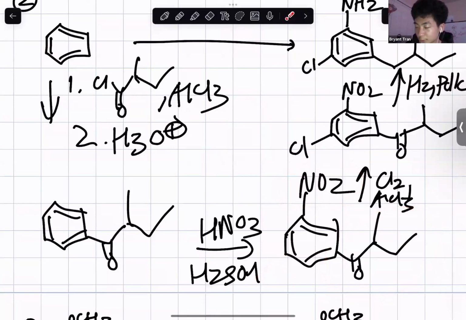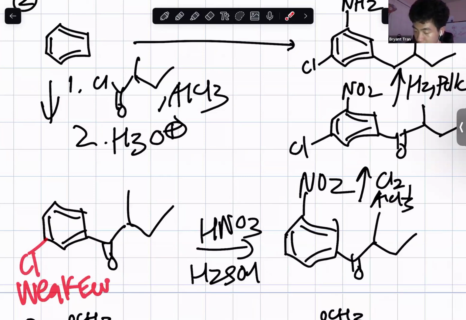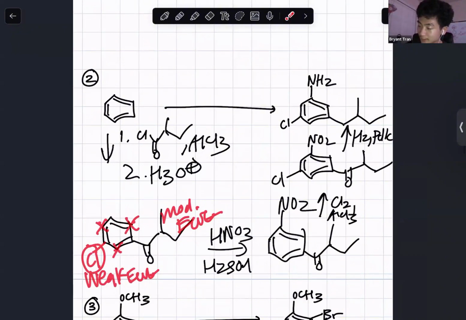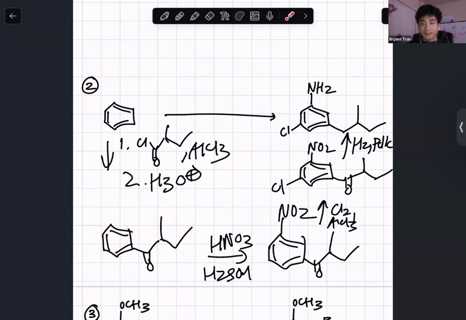So that's why we've got to do nitration first instead of chlorination, because when we do chlorination, the chlorine group is a weak EWG and the carbonyl is a moderate EWG. Based on what we just talked about, the chlorine is going to be the directing group because it's a weaker EWG, but it's going to direct ortho para, because halogens are the exception. Even though they're EWGs, they're not meta directors, they're ortho para directors. And we don't want the NO2 in any of these positions right there.